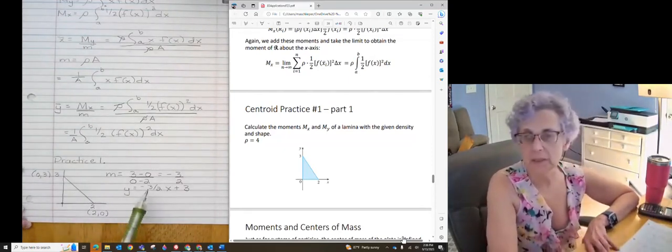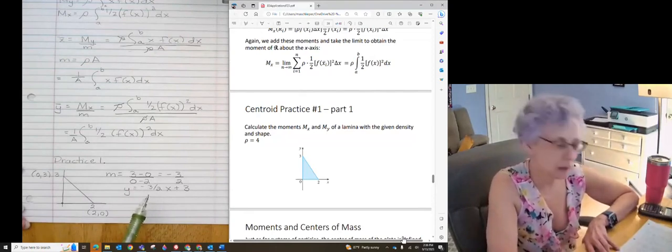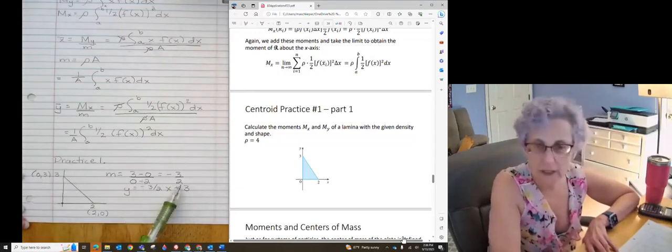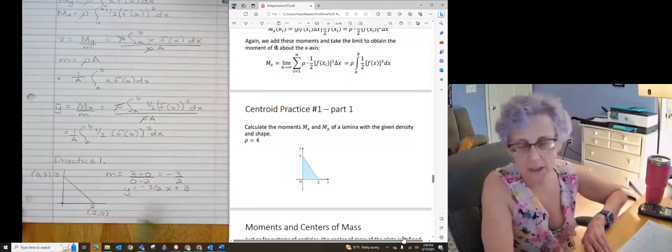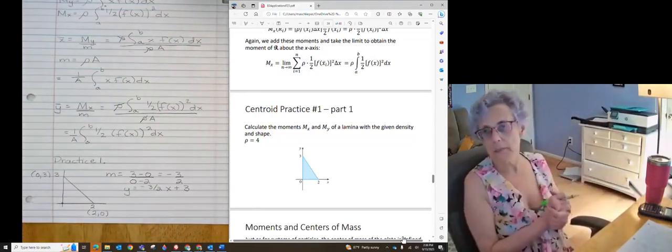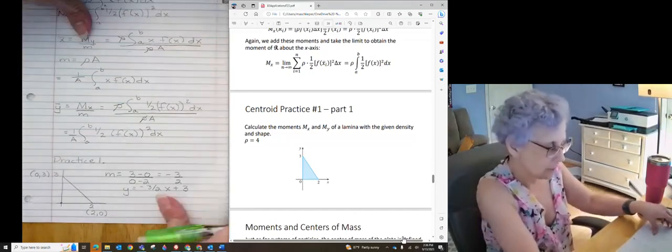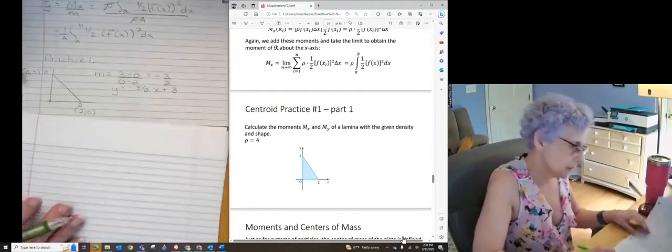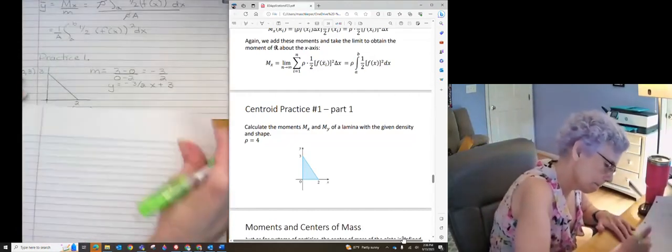And I just plotted the points because it's such an easy line to find the equation of. The slope was the change in the y's divided by the change in the x's, and it's easy to just write it down in y equals mx plus b form. So now I'm going to calculate m sub x and m sub y.